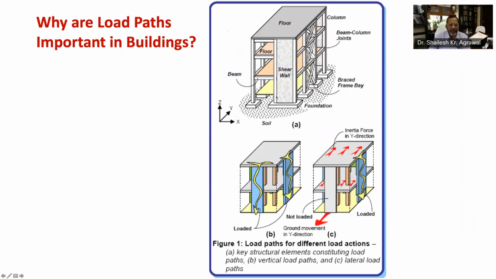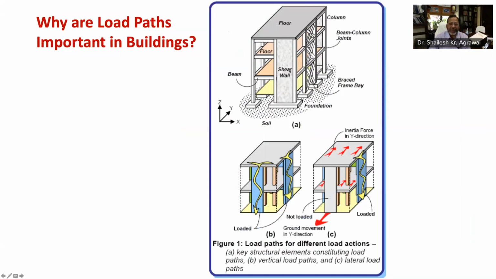Now let's understand the structural elements in the building which constitute load paths through figure 1a again. First is the horizontal diaphragm, also known as slab or floor. These horizontal diaphragm elements lie in a horizontal plane, that is roof slab, floor slab, or trussed roofs and bracings.